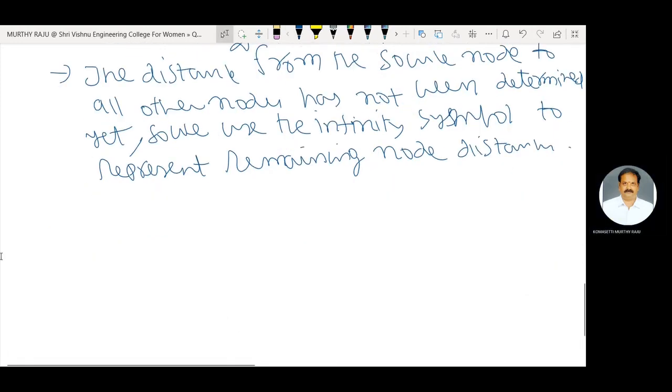Next important point is to create a set that keeps track of nodes included in the shortest path.